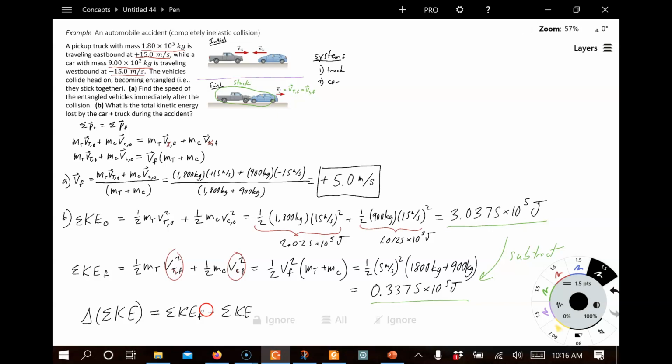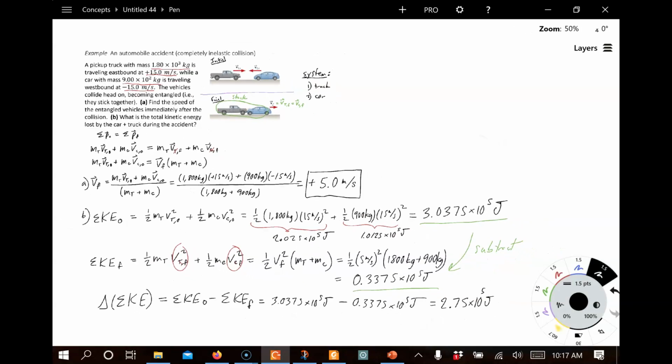Sorry, I got that backwards. The total initial minus the total end tells us how much we lost, and so that's going to be our initial 3.0375 times 10 to the 5th joules minus our final 0.3375 times 10 to the 5th joules, and when we calculate that, we get 2.75 times 10 to the 5th joules of kinetic energy lost here in this crash.